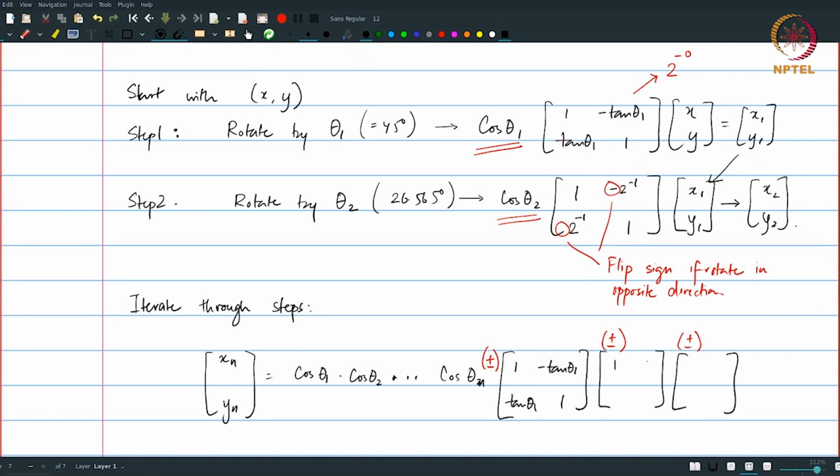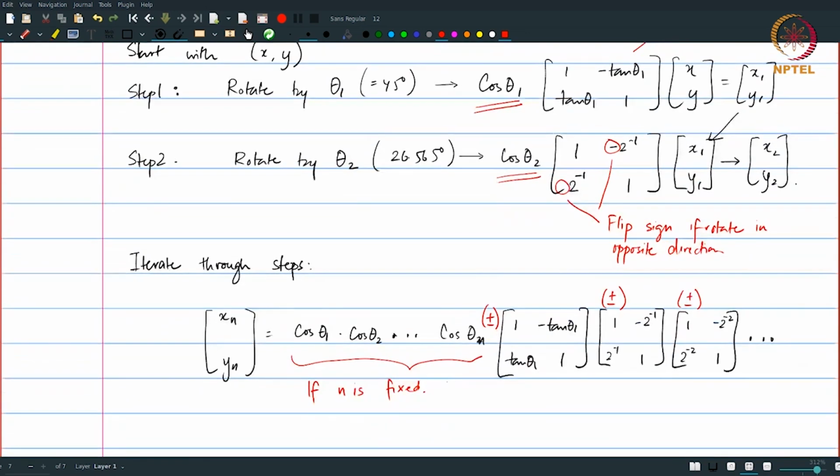This part would essentially be 2 power minus 1, this would be 2 power minus 2, and so on, which means that this value that I have over here, if n is constant, if n is fixed, this will be a constant that I can pre-compute.